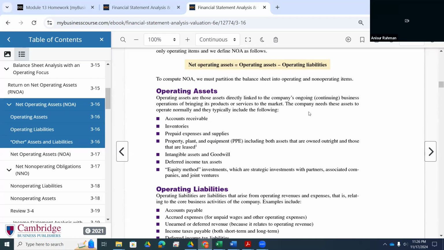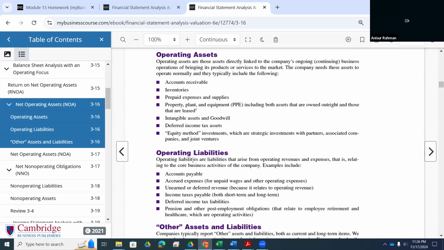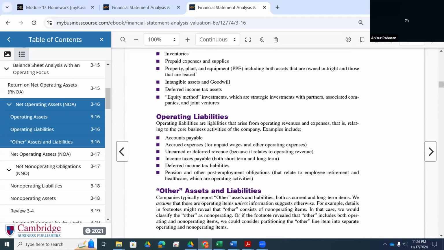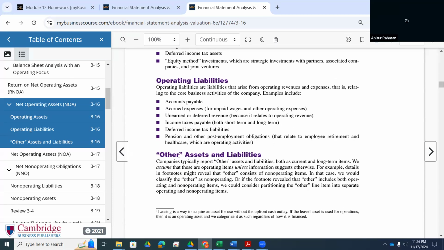The company needs these assets to operate normally, and they typically include the following. Similarly, operating liabilities are liabilities that arise from operating revenues and expenses, that is, relating to the core business activities of the company. Examples include these.